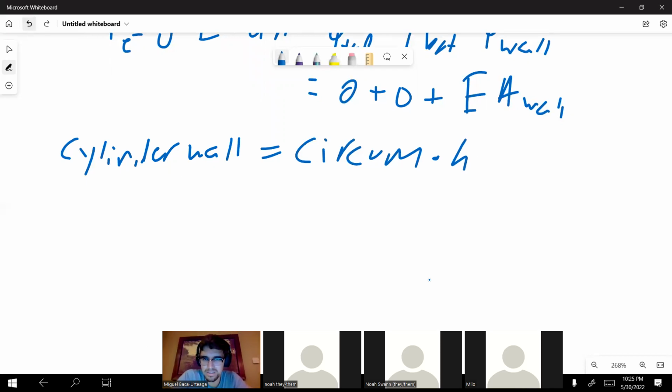We can all agree on that. And then this goes to be 2 pi times the radius times the length. Length is the vertical component in this instance.